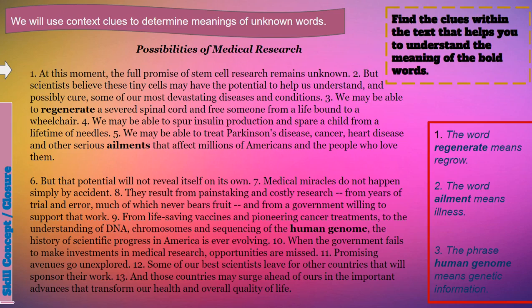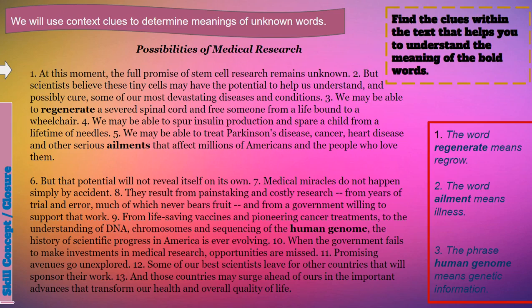So, in closing, here is your task for me. This is going to show me that you watched the video. So, to the right, I have put the definitions of the embolded words. You have to find the context clues. Okay?